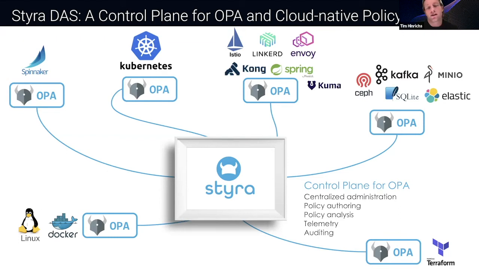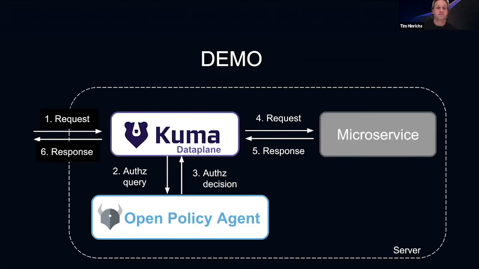OPA and all these other open source projects, Kong, Kuma, they work wonderfully together. I always like to think that they would just work better with Styra's control plane. So when we look at the demo, I'm going to show you this working example of how you can connect Kuma and the policy agent and use that to implement authorization across your microservice application.